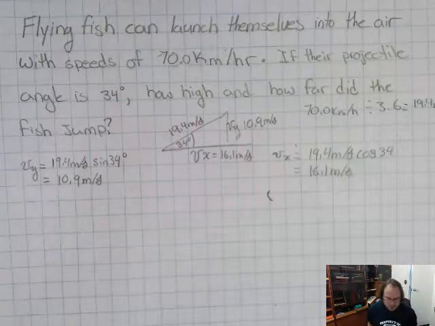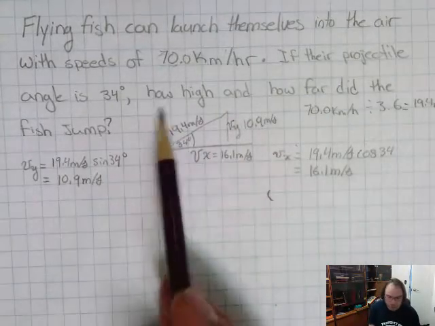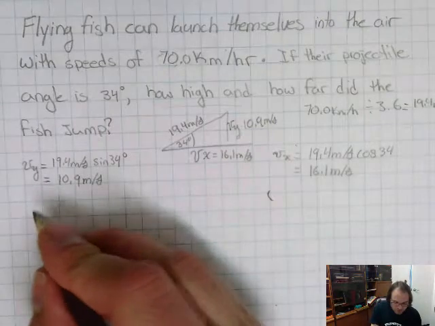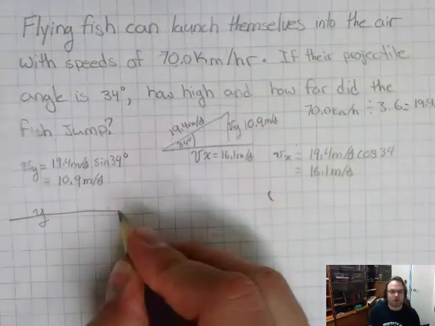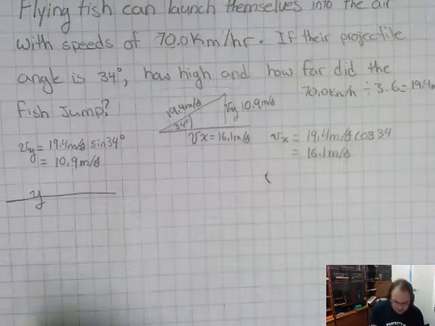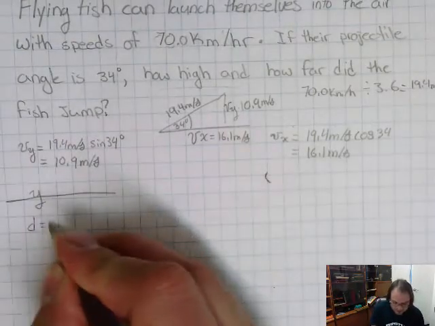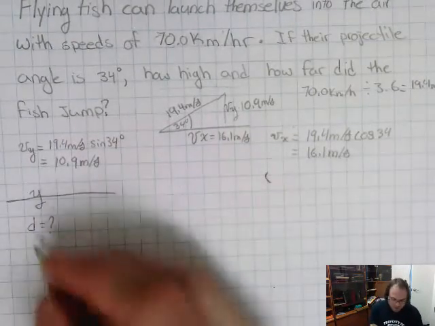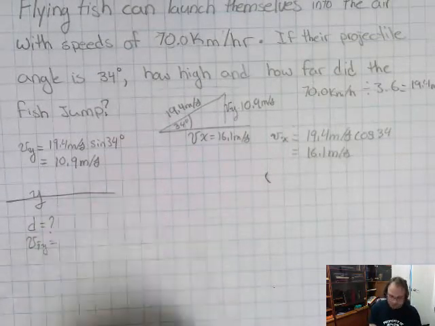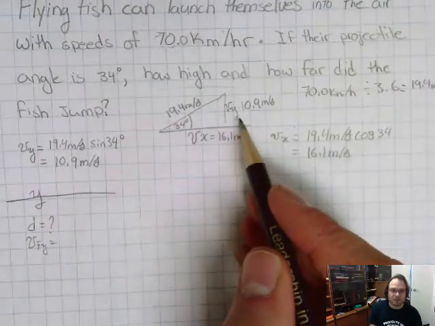In our next part, we're going to want to figure out how high it went. So that's our first question. In that case, we're looking at my y components, and we're trying to figure out my distance. We know my initial velocity in y is equal to 10.9 meters per second.